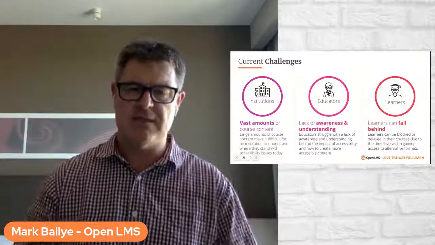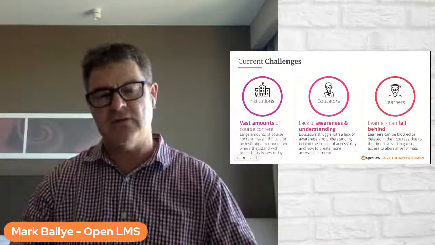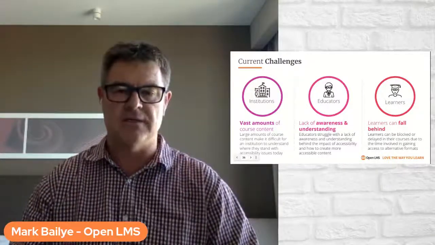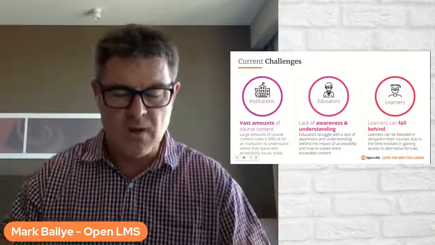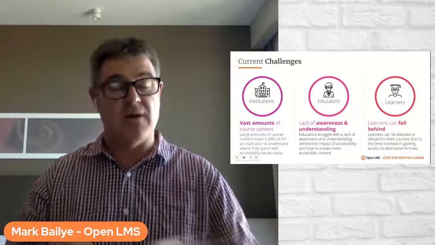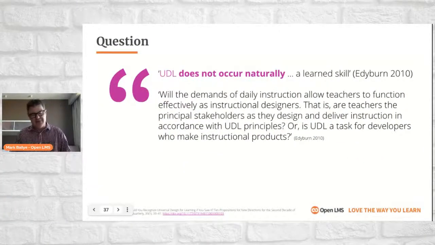And so these are three challenges. Again, we've just picked one at an institutional level, one with our educators and one with our learners. But what can we do to address these issues that won't go away quickly? Well, as we've already seen from what I mentioned earlier, universal design doesn't occur naturally.